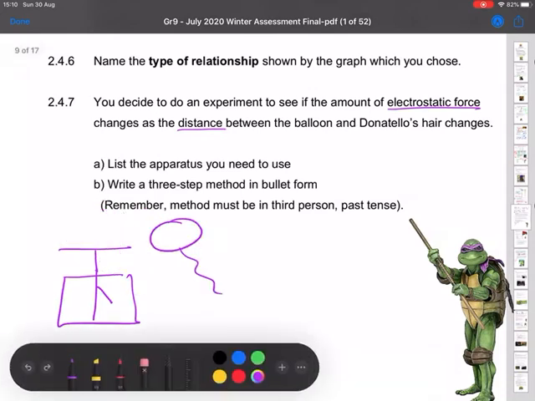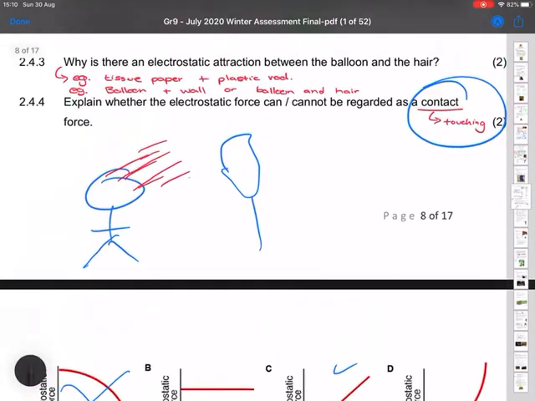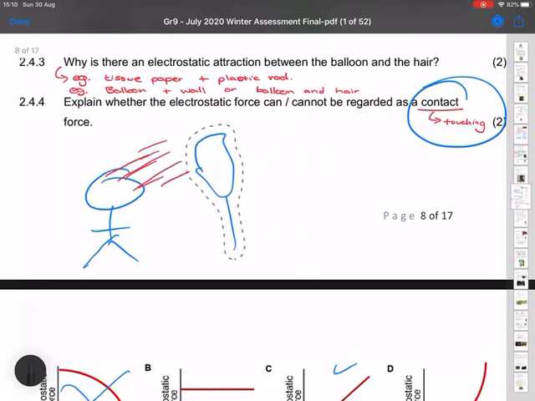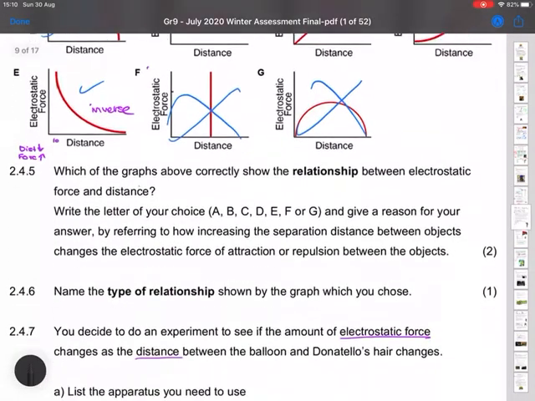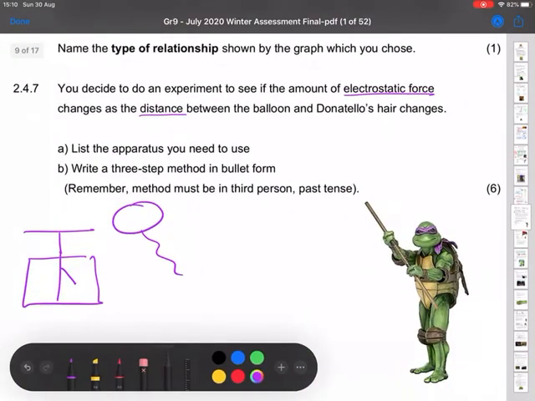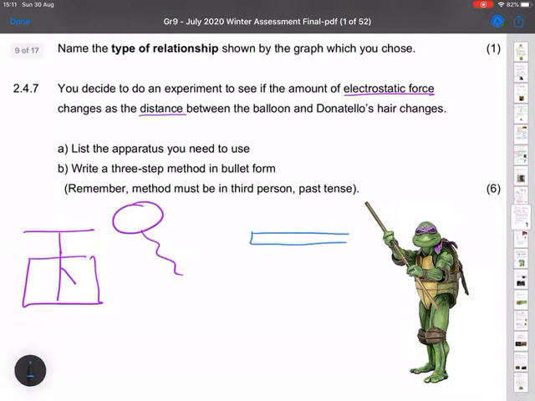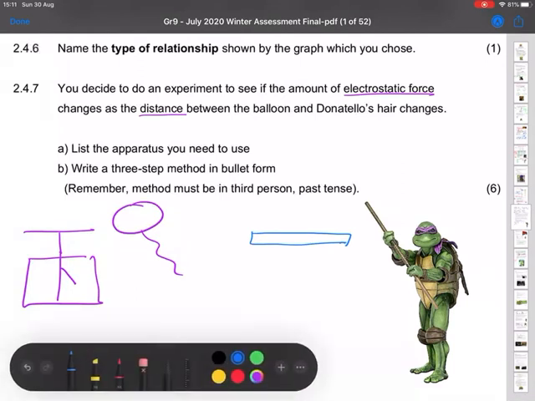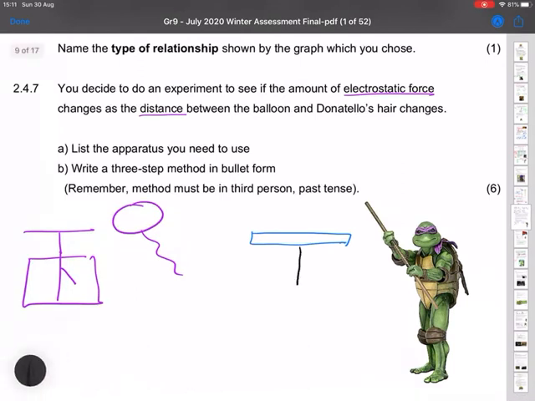So that's one way that you could do it. Another way is you could use hair, same as what I had over here. You could measure the amount that the hair stands up or how many hairs lift up, the angle of the hairs, using the hair and the balloon. How else? When you had the plastic rod on the pivot, on the needle, you could explain this experiment where you had the plastic rod balancing on the needle, and you bring the balloon.